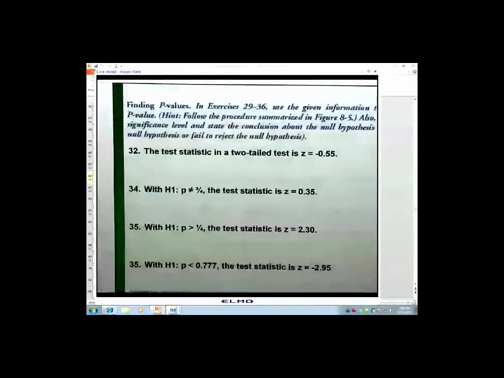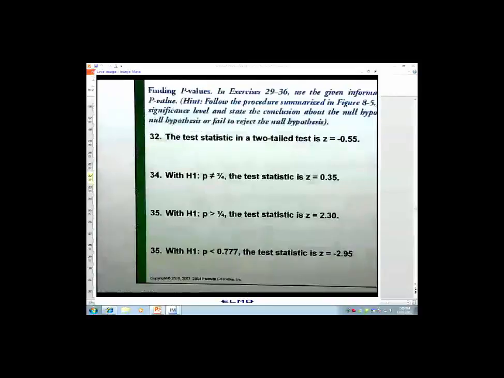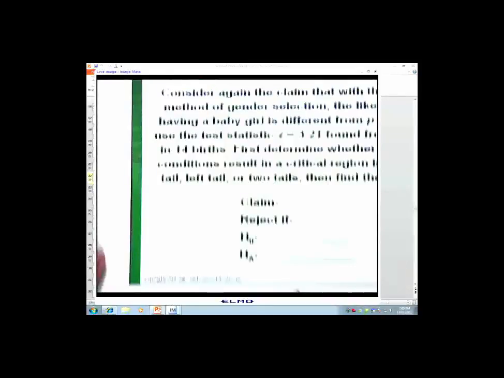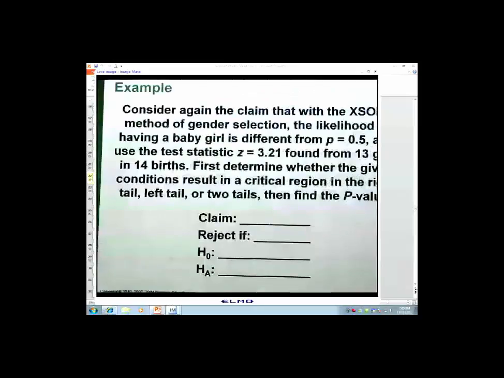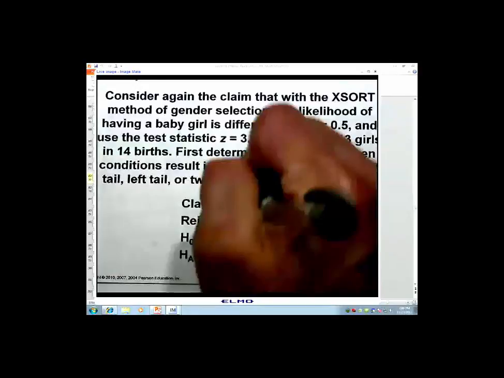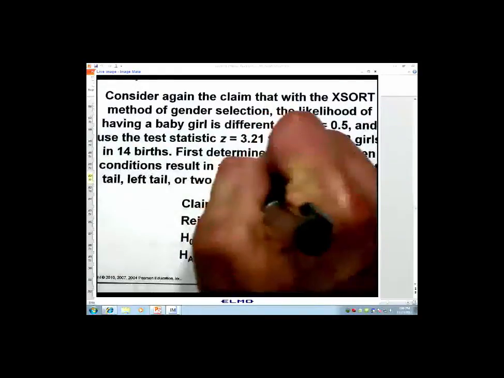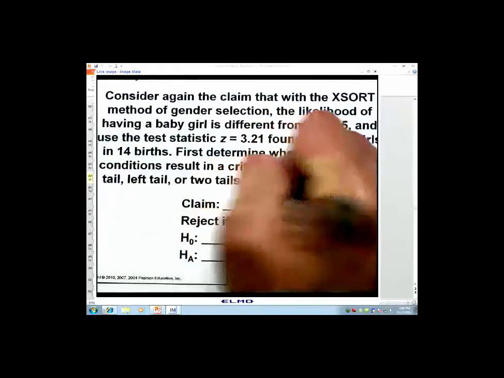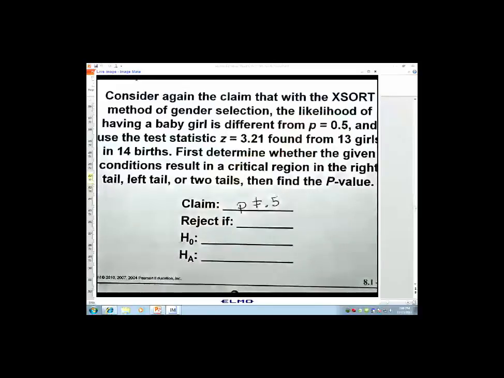Then what is the claim? That's what different from means, anything but. So the claim is that p is not equal to 0.5, and we will reject that if p equals 0.5.